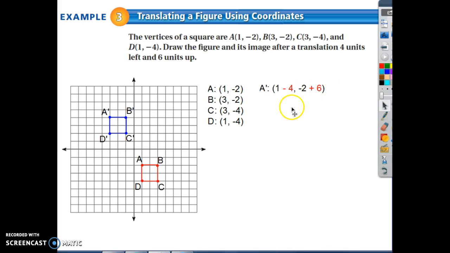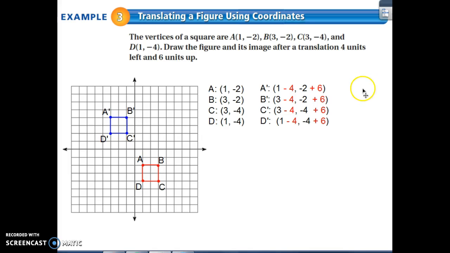For B, my B prime is going to have an x value of 3, but we're subtracting 4 to move it left. My y value adds 6 to move it up. For C, I have 3 minus 4 to move it left, and negative 4 plus 6 to move it up. And lastly, for D, I subtract 4 to move it left and add 6 to move it up.